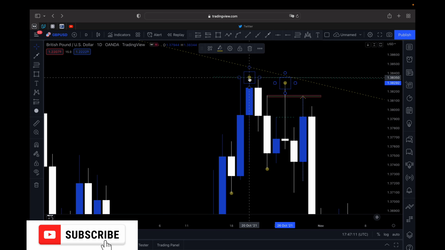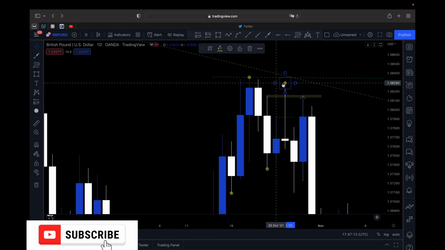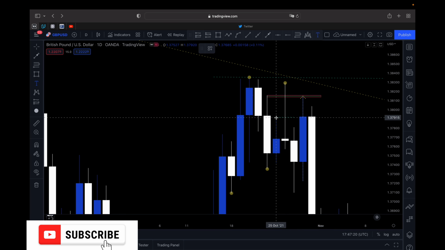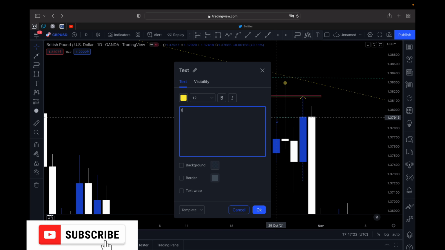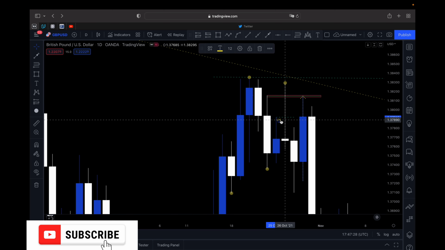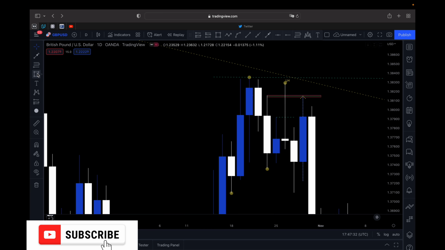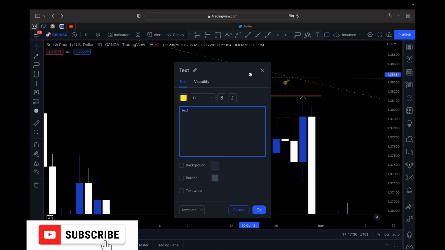Now compare this level, from this level to this level, it is actually a lower high. This is a lower high here. So you should analyze through multiple time frames.